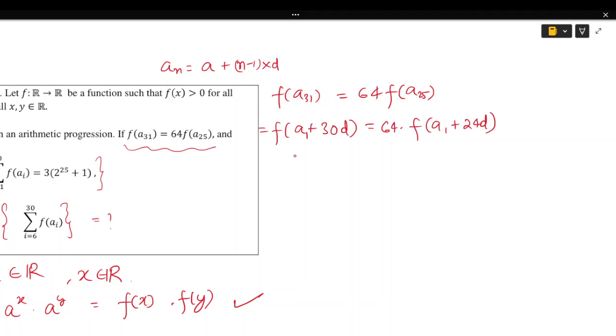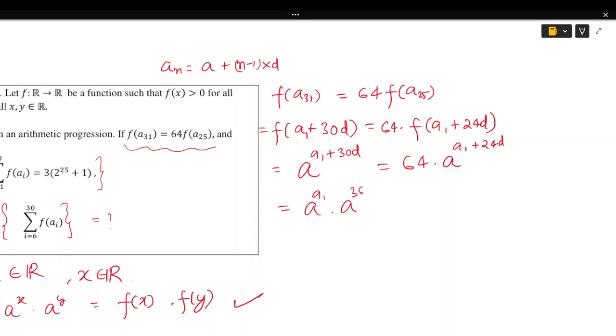So since our function is a to the power x, in place of x we have this, so it will be a to the power a1 plus 30d, and similarly a to the power a1 plus 24d. So now one can break it as per the exponent rule.